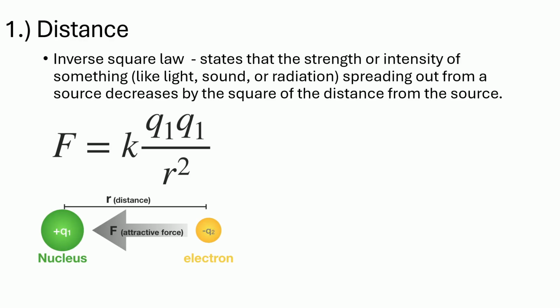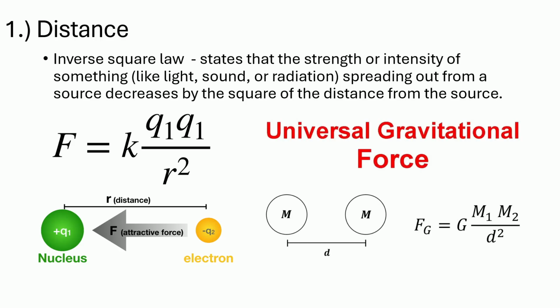This can also be found in Coulomb's law, where the attraction between the nucleus and the electron decreases as the distance increases, and increases as the distance lessens. Similar to universal gravitational force, as distance increases, the force of attraction decreases. So this is one of the factors that affects the effective nuclear charge.